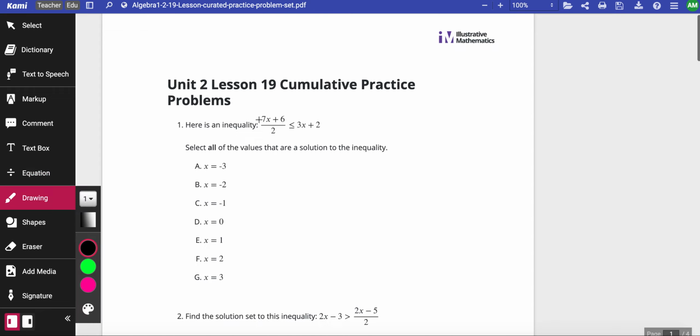If I took this whole side and multiplied it by 2, and then take this whole side and multiply it by 2, that's going to get rid of that denominator.